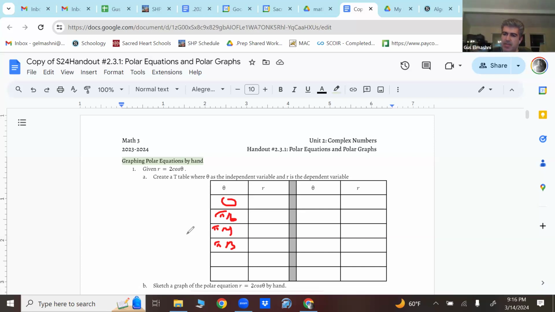You're just graphing. You'll see. Let's just do this first. We'll do 0, pi over 4, pi over 2, 3 pi over 4, pi.